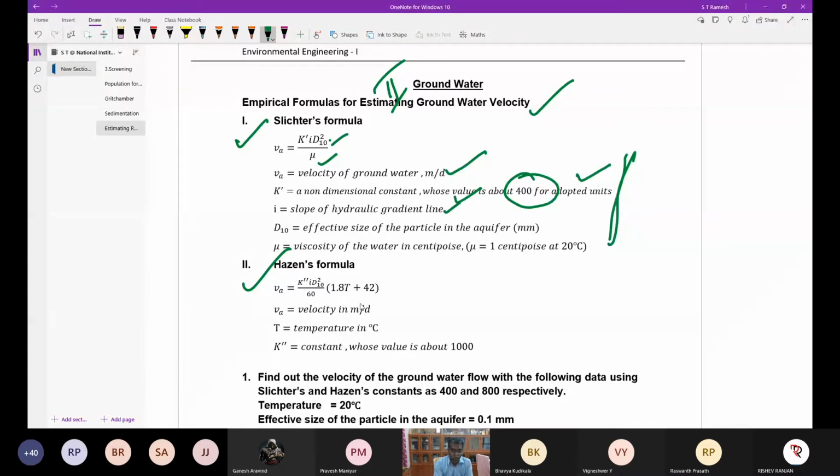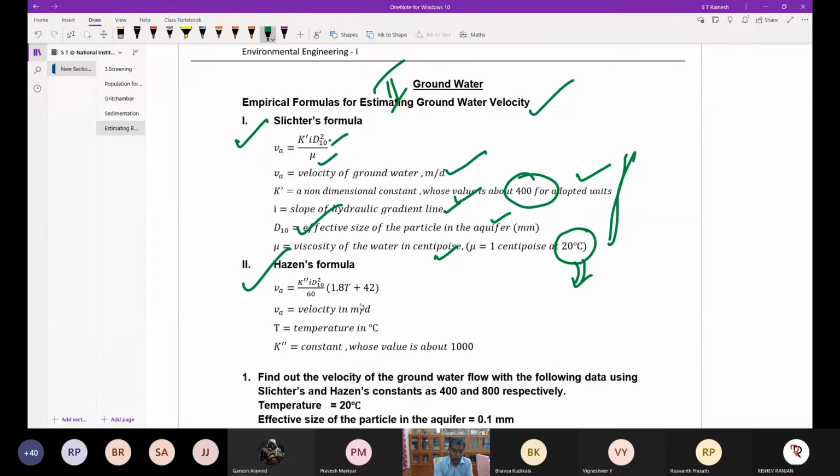D10 is equal to effective size of particle in the aquifer, which you would have come across in soil mechanics. Mu is equal to viscosity of water in centipoise. Most calculations are done at 20 degrees Celsius, and there mu value is equal to 1 centipoise.